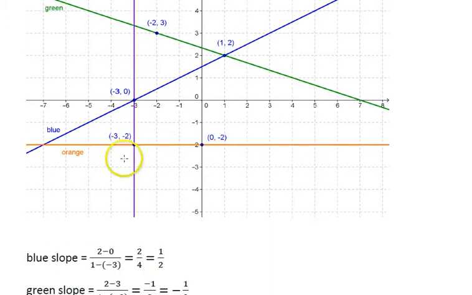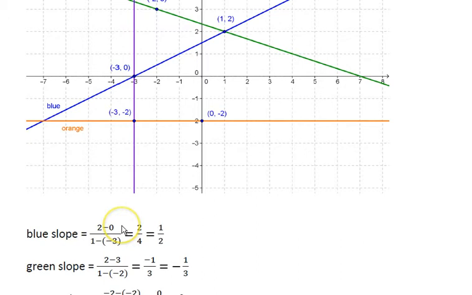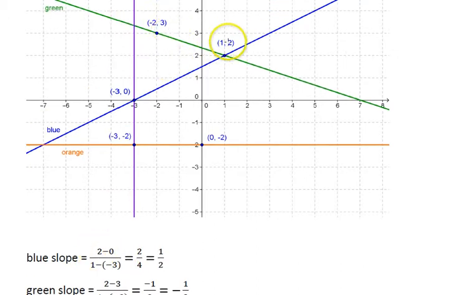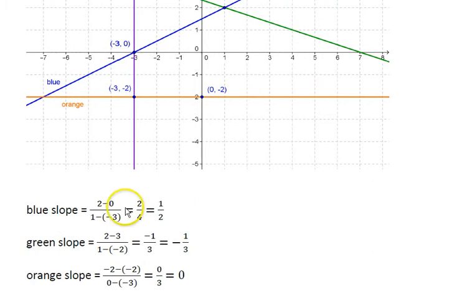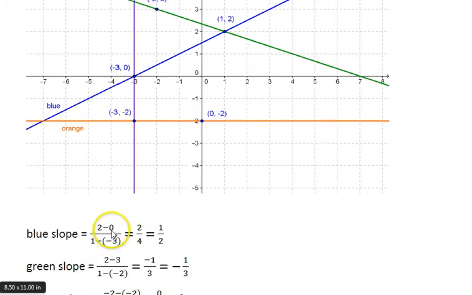Calculating the slope, first for the blue line, we take the 2 points on it, which are 1, 2, and negative 3, 0. Take the difference of the y's here, 2 minus 0, and the difference of the x's is 1 minus a negative 3.